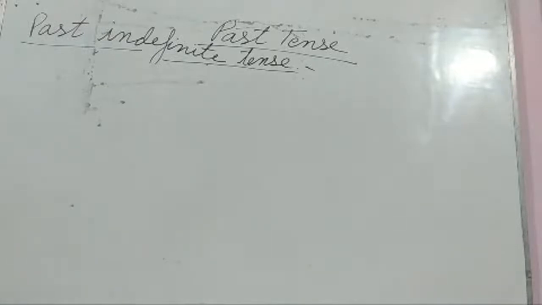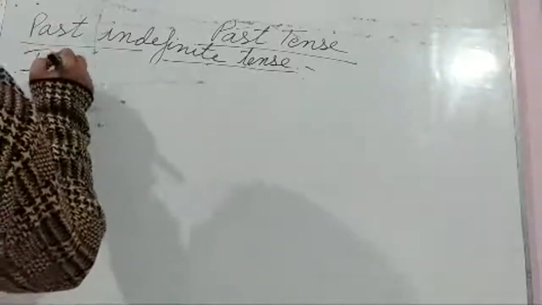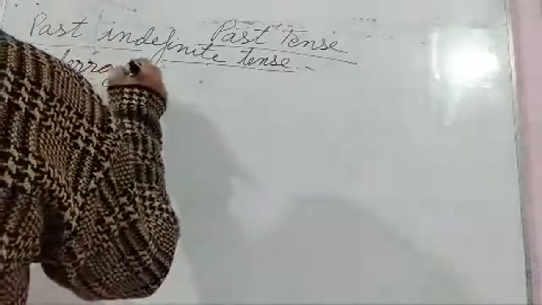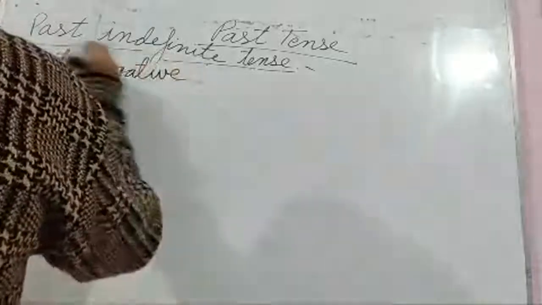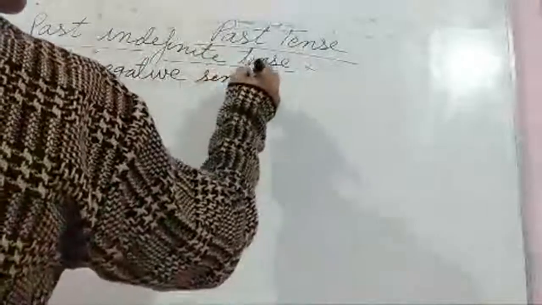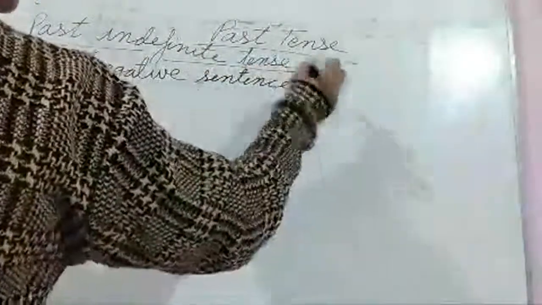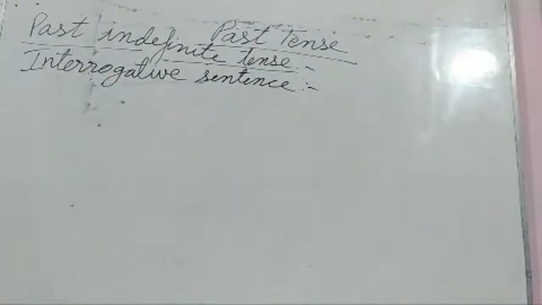Now, let's see the interrogative sentence in past indefinite tense. How to make interrogative sentence in past indefinite tense. Let's see the formula for it.